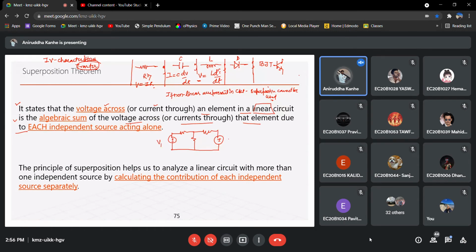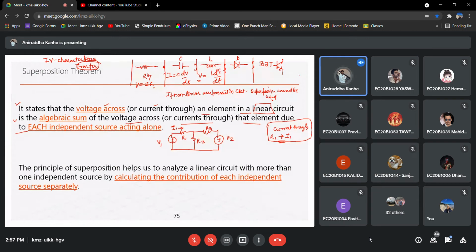If this is V1, V2, and I am interested in the current through R1, which I am writing as I1.